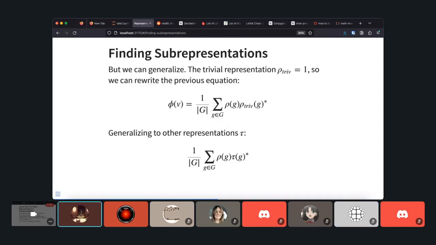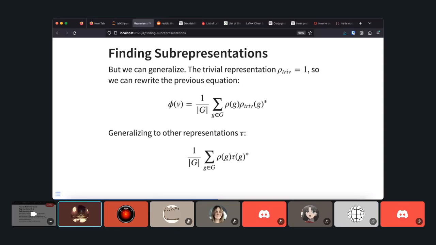In general, if we have this big representation and we think we can break it up, this is just how we do it. Previously we had this same thing, except we didn't have this rho triv of G, and it was just 1, because that's what the trivial representation is.